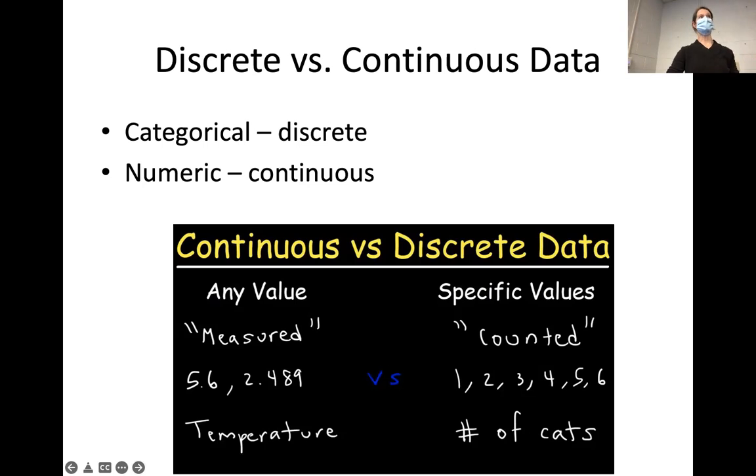Categorical or discrete data is in categories. So if you're counting the number of cats, you can't have 1.6 cats, right? If you're actually counting real cats, you have 1 cat or you have 2 cats, unless they're partial cats, which would be weird. These are synonyms: categorical, discrete, numeric, continuous.